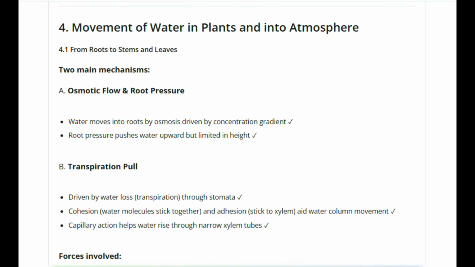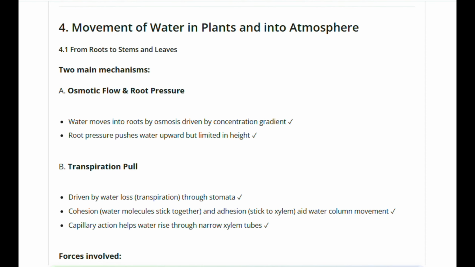Water is lost through the stomata of leaves by transpiration, pulling up the entire column of water into the petiole, which is the leaf stalk, and plant leaves, using capillary action or capillarity, right?